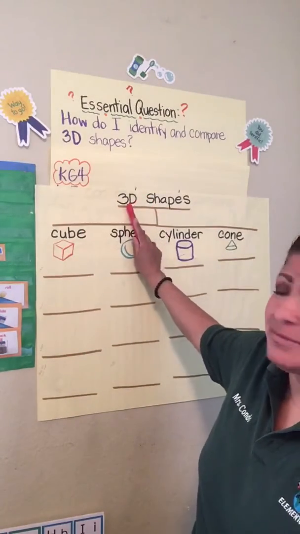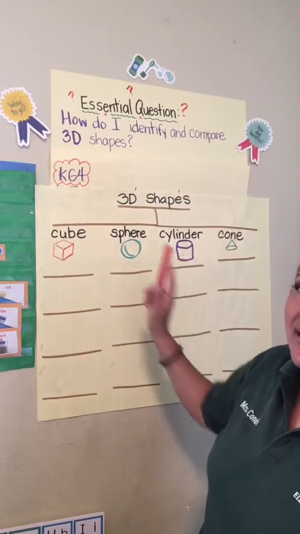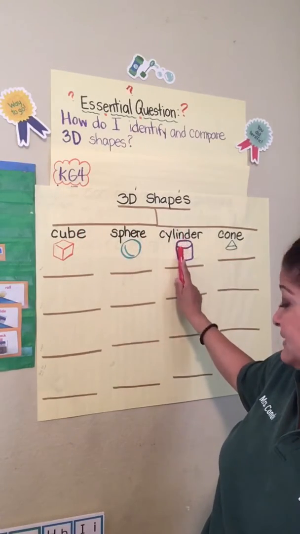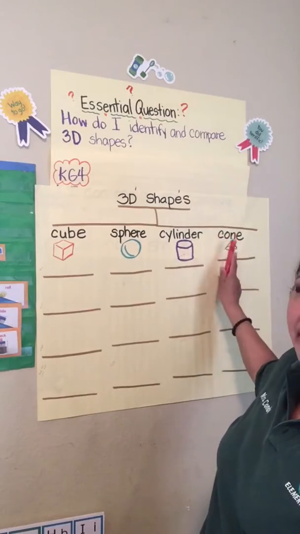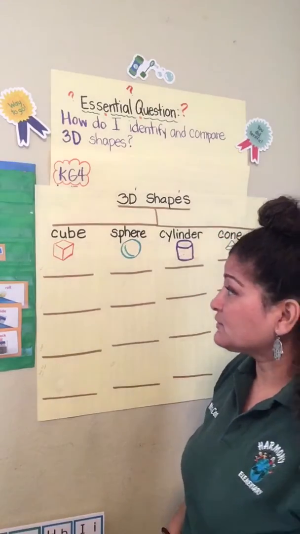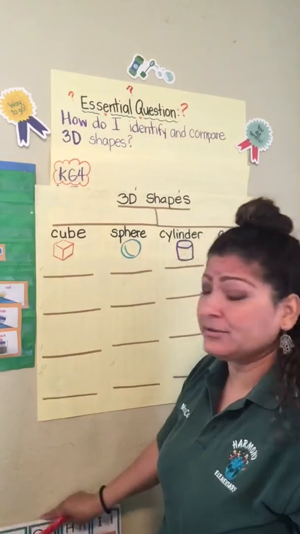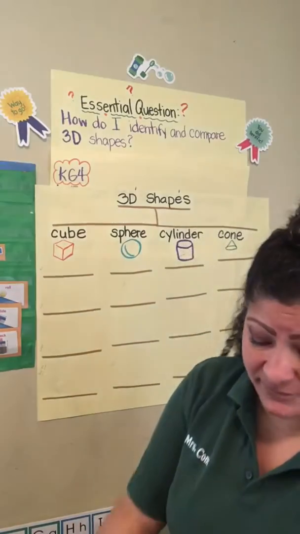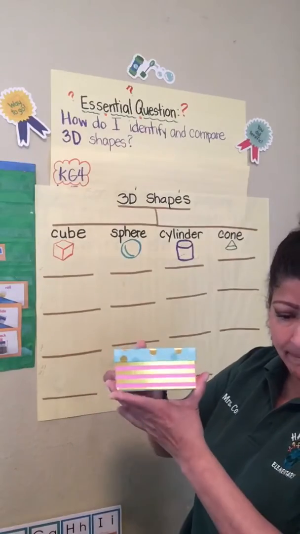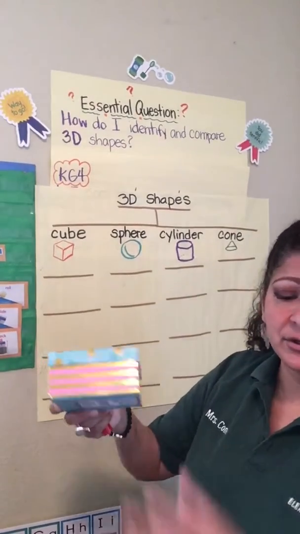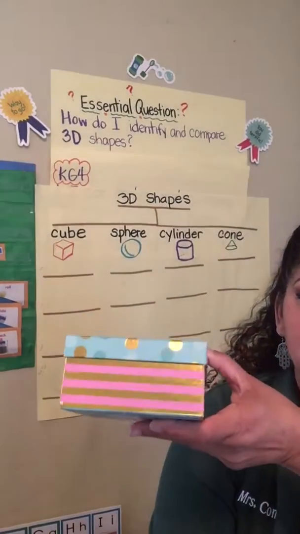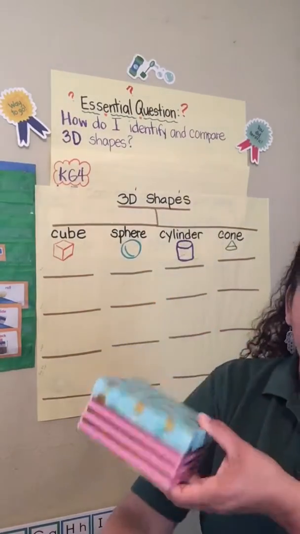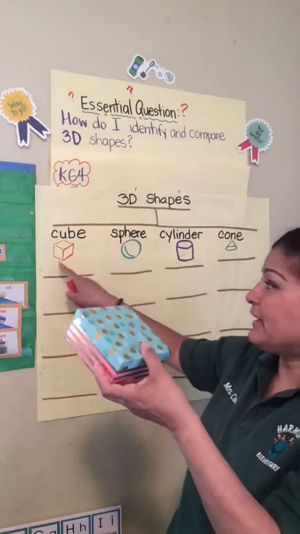The title of my tree map is called Three-Dimensional Shapes, and I have a cube, a sphere, a cylinder, and a cone. So I want to talk about cube. Now as we're looking at the cube, we're going to see how many faces.